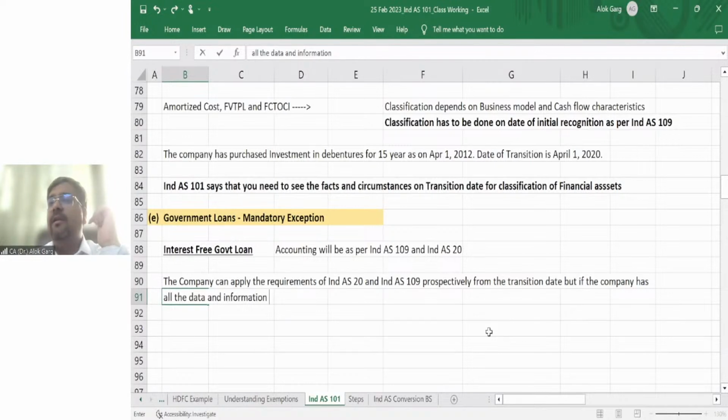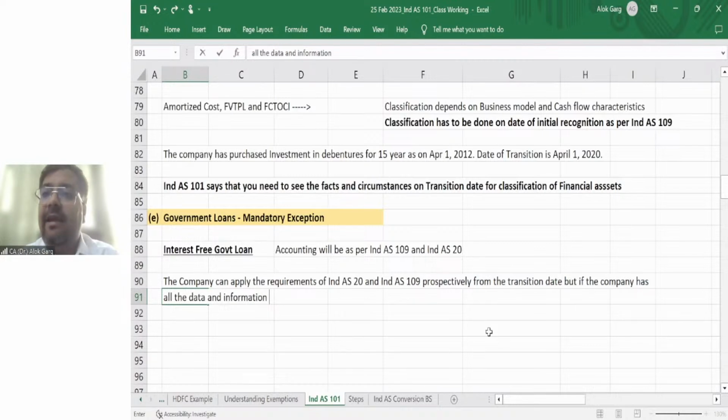But a mandatory exception has been given because government loans could be too old, and the major impact was on public sector undertakings, right? Because if the public sector company got the interest-free government loan 20 years ago, 30 years ago, 40 years ago, it was a cumbersome task to apply the requirement of Ind AS 109 and Ind AS 20 retrospectively.